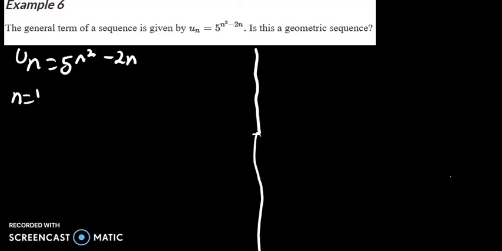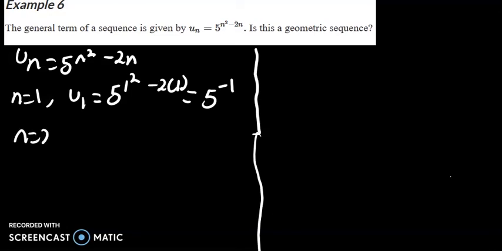So n is equal to 1, u1 is equal to 5 to the power 1 squared minus 2 times 1. So that's 5 to the power 1 minus 2, that is 5 to the power minus 1.